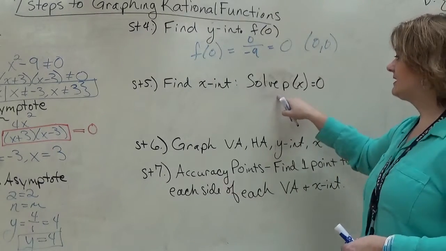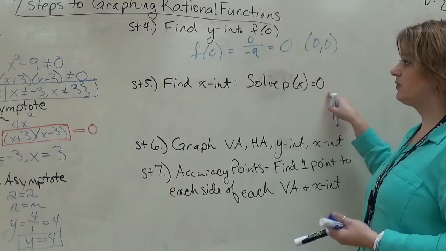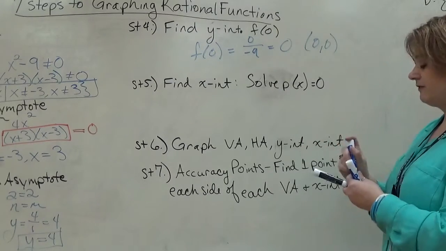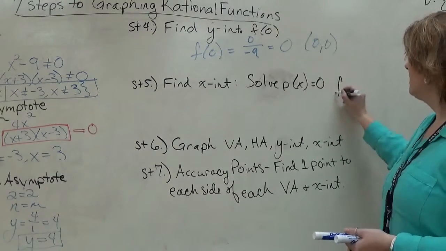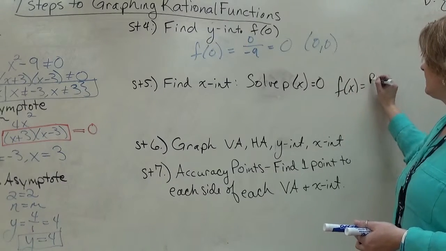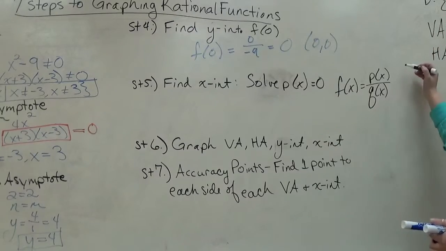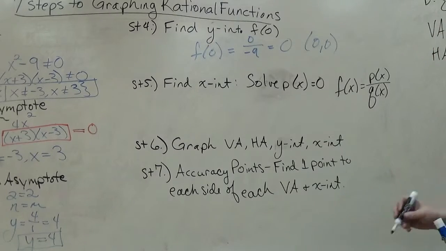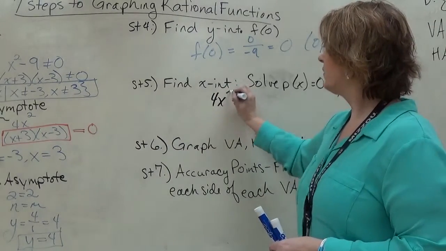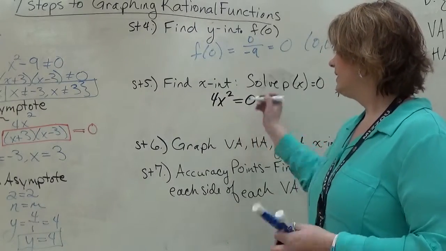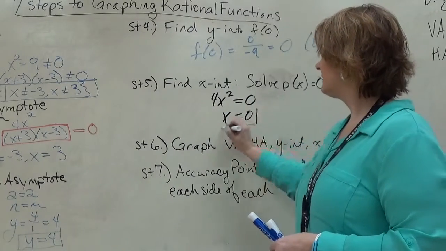Right here, find the x-intercept, p of x equals 0. We're going to solve it. If you remember, the format of the rational function is f of x equals p of x over q of x. So we're going to solve the numerator. Okay, so 4x squared equals 0. So that just means that x has to be 0.